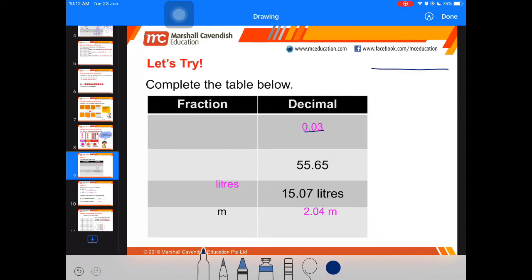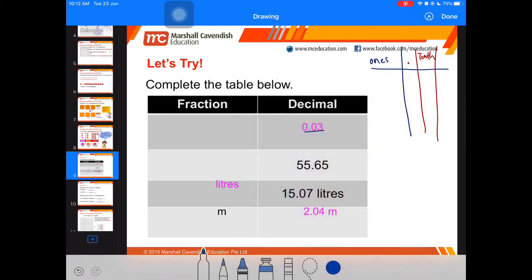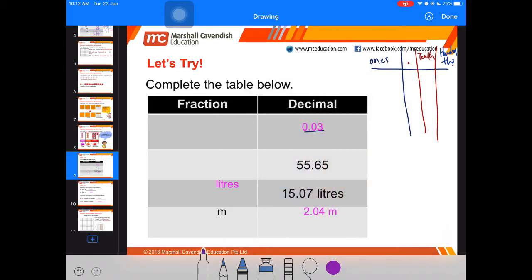0.03. So very simple. Let's draw the place value first. Okay, ones, decimal point, tenth. And the last one, which is very long, is hundredth. Okay, so let's try. So I always start at the back.